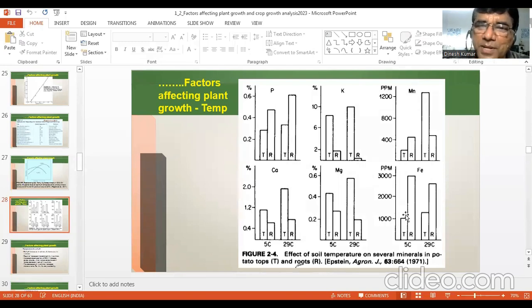This is how temperature affects the concentration and uptake of nutrients. For some nutrients, the lower temperature will give more concentration in root than in shoot, and vice versa. So you need to study in detail. I have given you one chapter on growth and the factors affecting it. I just copied from there, and for details, you can read that chapter. Why it is happening, you must know and try to understand yourself.